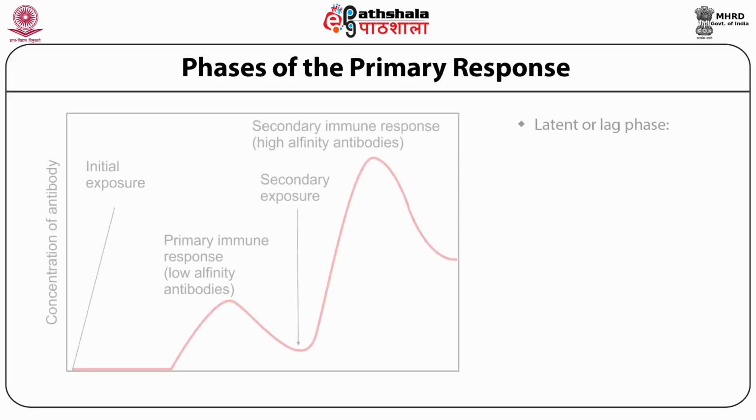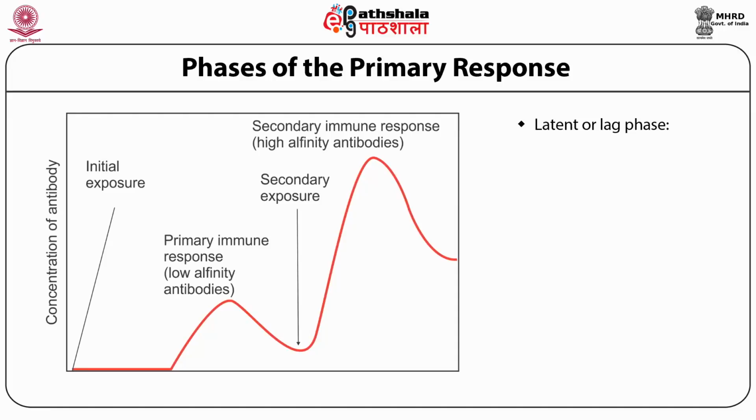First, of course, is the latent or lag phase. It is the initial 2 to 3 weeks period after the first immunization. During this period, antibody is not detectable in the serum. Obviously, if less sensitive methods for antibody detection are used, the lag phase may appear to be longer. Second is the exponential production phase, when the antibody concentration in the serum rises rapidly.